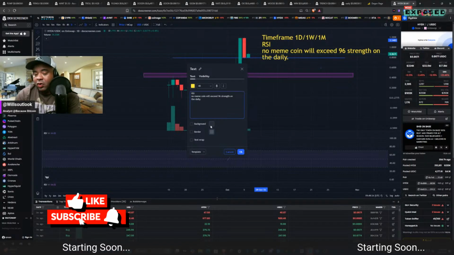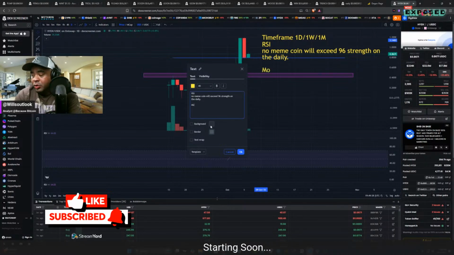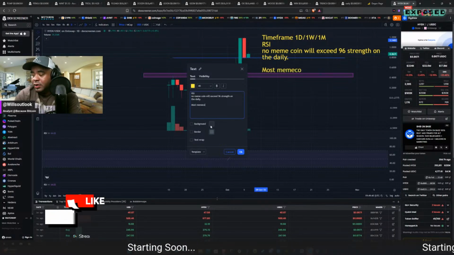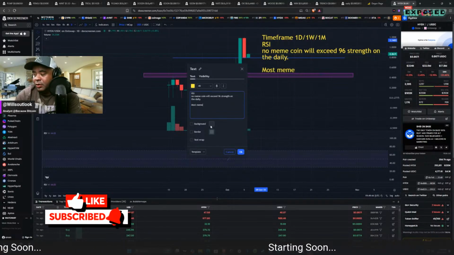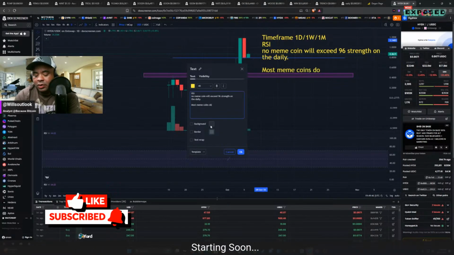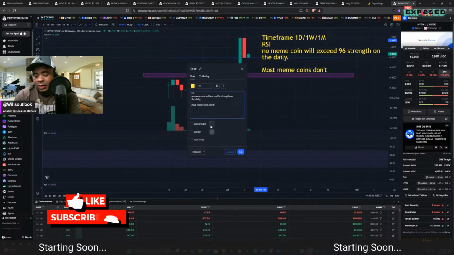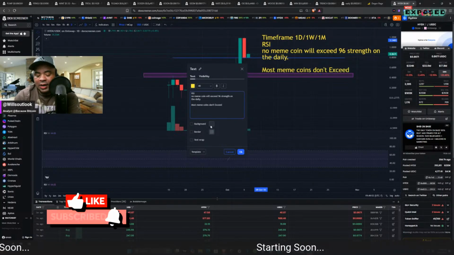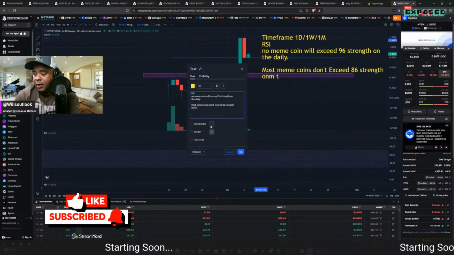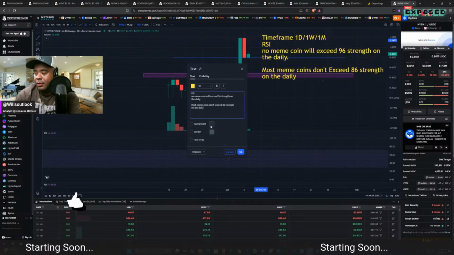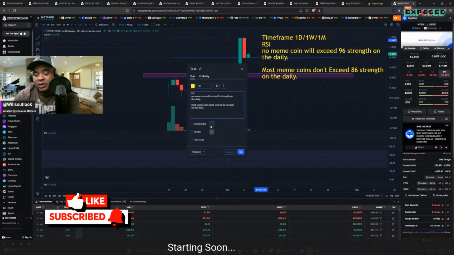And so my take profits, because most meme coins don't exceed 86 strength on the daily. So that's most meme coins. Most meme coins don't exceed 86 on the daily.